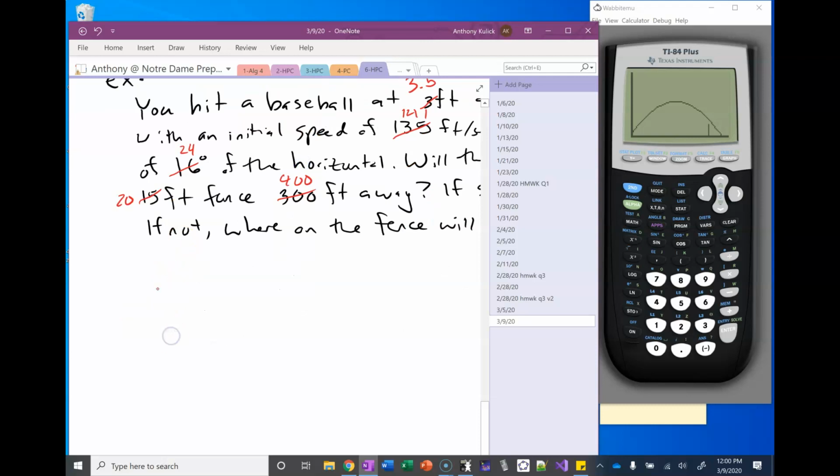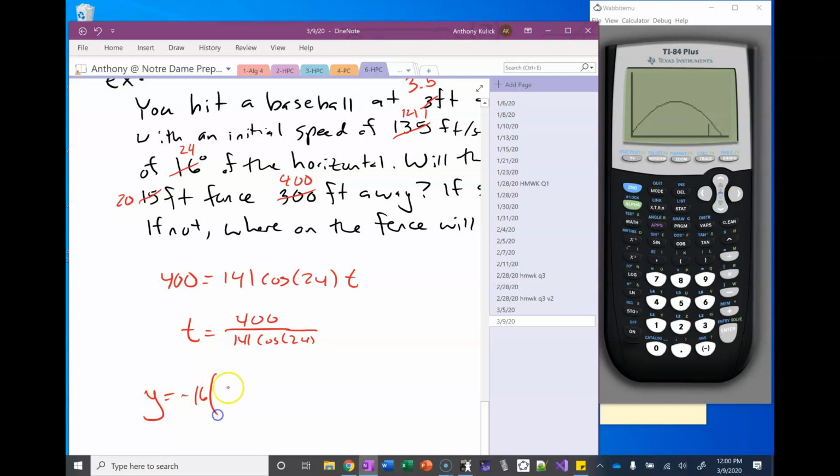So we're going to say that 400 is equal to 141 cosine 24 times t. When we solve for t, we get t is 400 over 141 times cosine of 24. And we can use that to find the height of the ball at that time.